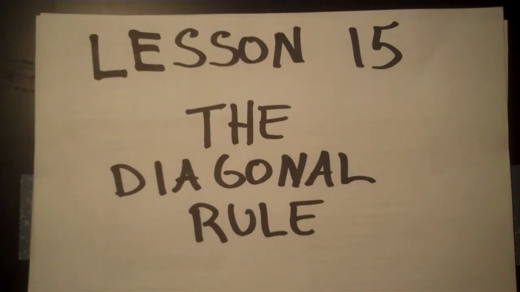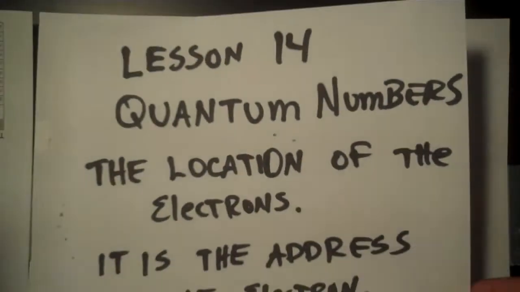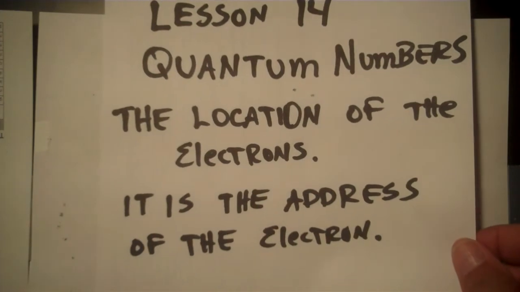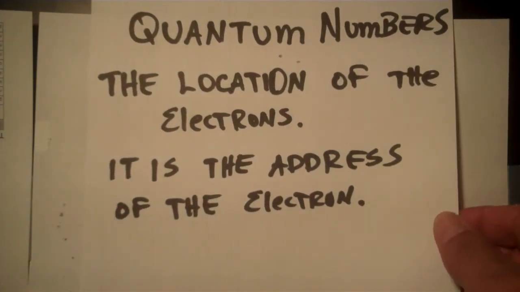Before we go into the diagonal rule, let's review real quick what we did yesterday. Yesterday we talked about the four quantum numbers, and we said that the principal quantum number is simply the location of the electrons.